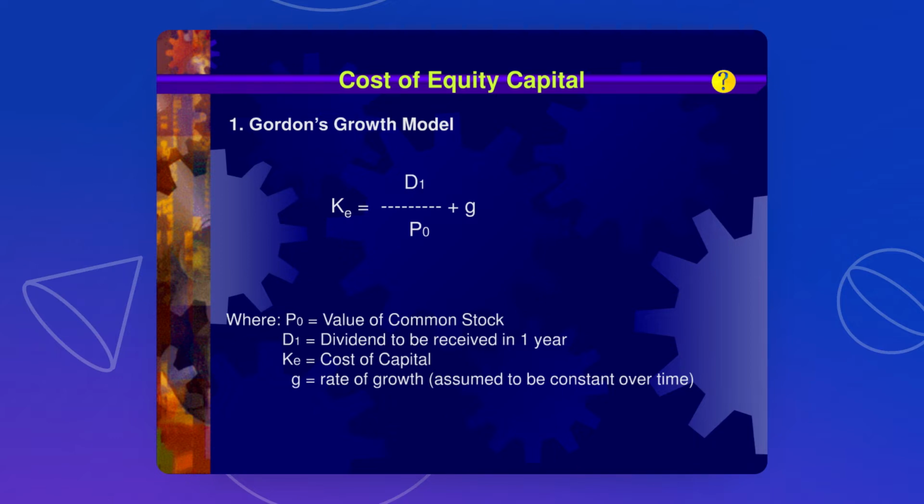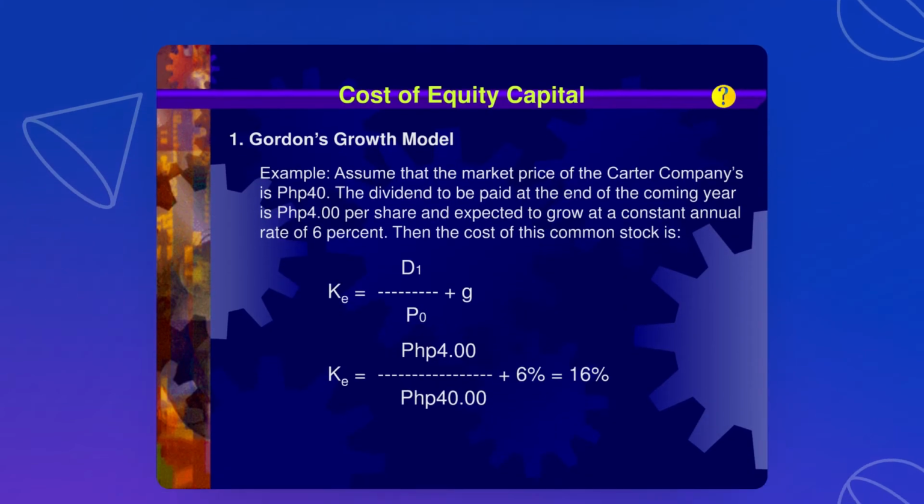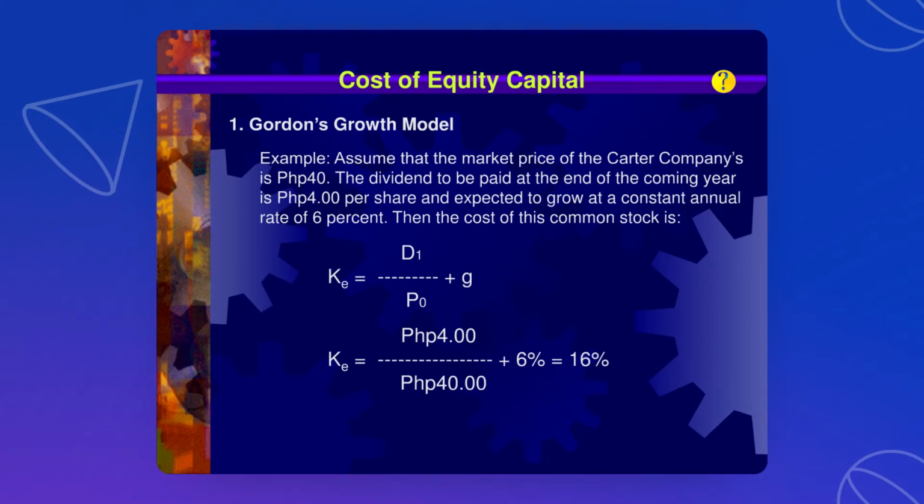For a sample, class, in a Gordon's growth model, assume that the market price of the Carter Company's stock is 40 pesos. The dividend to be paid at the end of the coming year is 4 pesos, and it is expected to grow at a constant annual rate of 6%. The cost of the common stock is as follows.